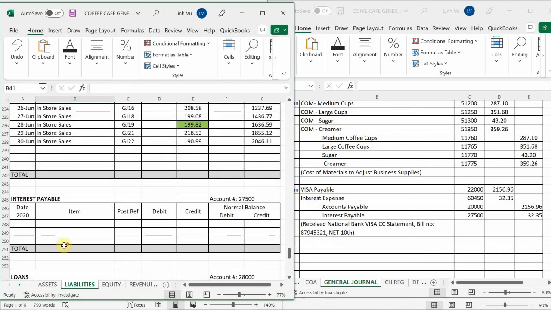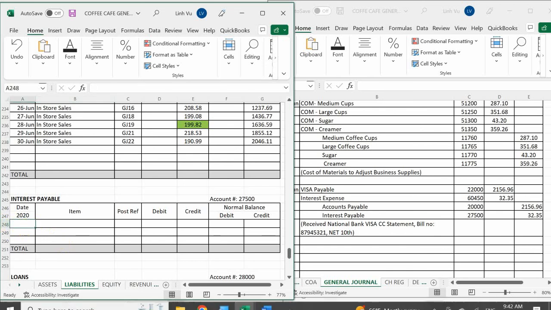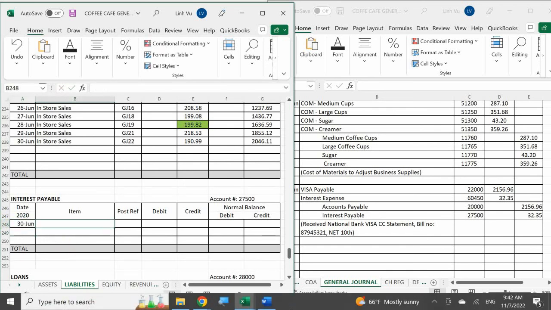Here it is, interest payable. 18% APR on credit card. And you're going to do a credit for $32.35. Okay?